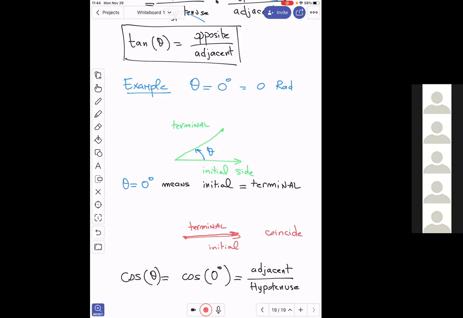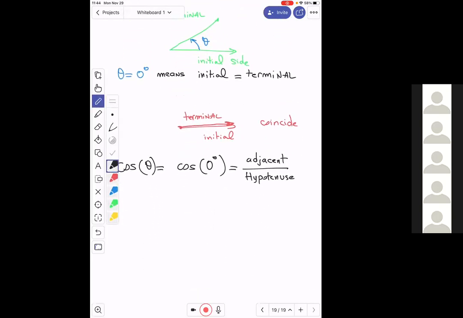In your right triangle, this is your angle theta, and this is the adjacent side, and this is the hypotenuse.